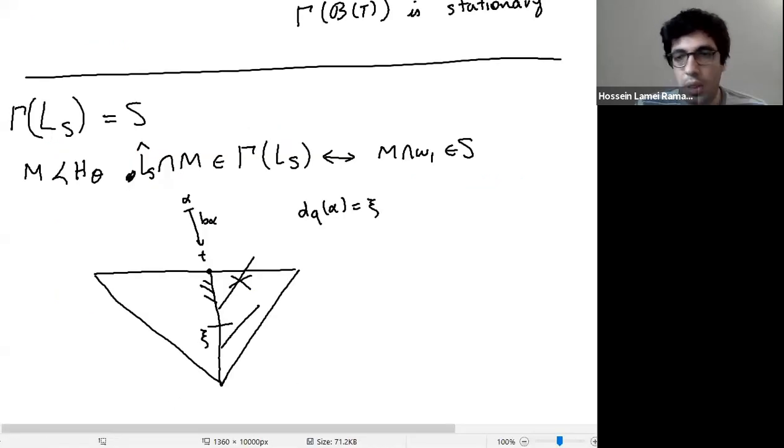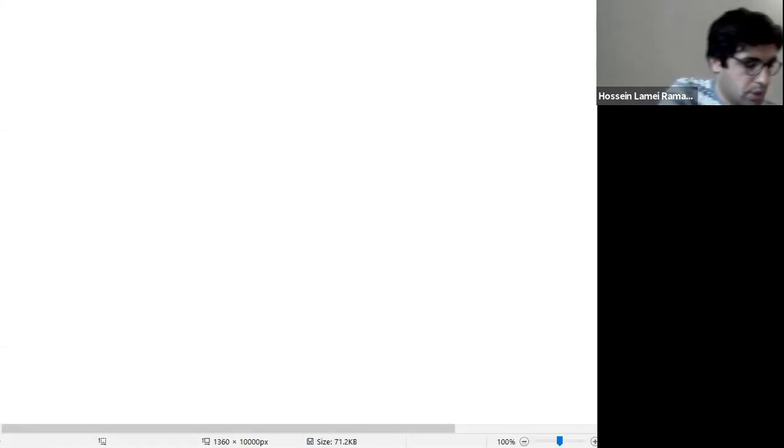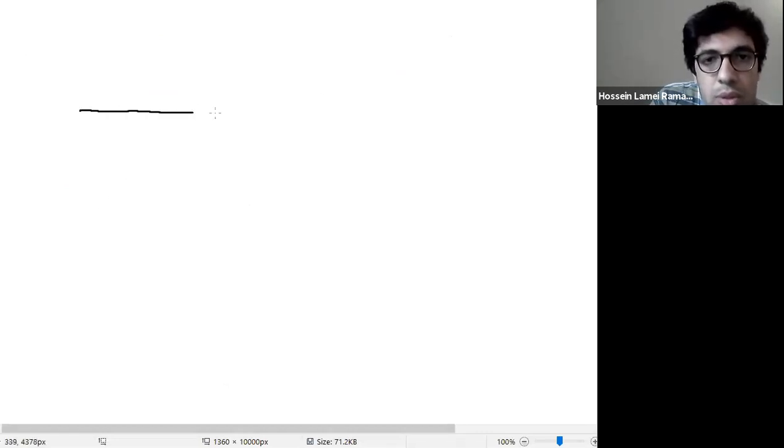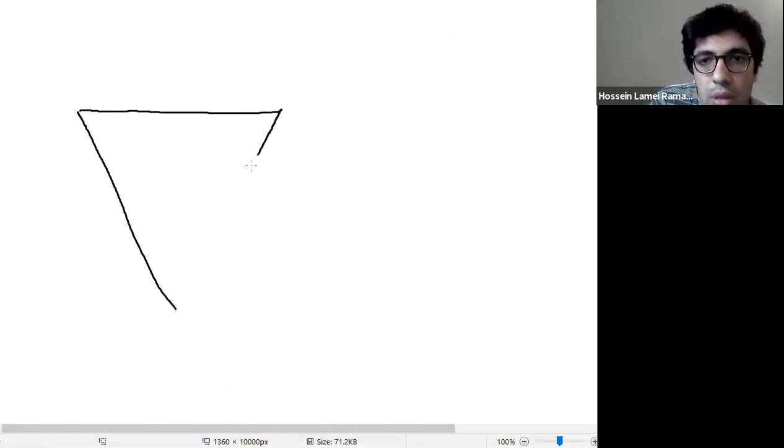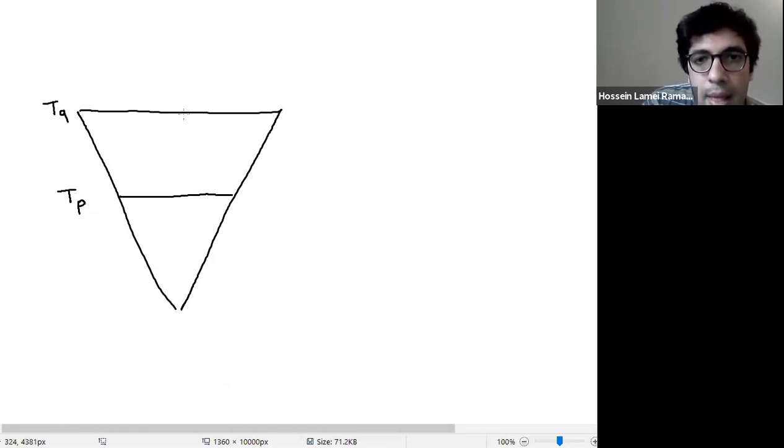Considering BQ, suppose that this is TQ, the bigger condition. We have this TP, the smaller condition, and we want that if BQ of alpha is this guy, and BP of alpha is this guy, then I want this to be less than this.